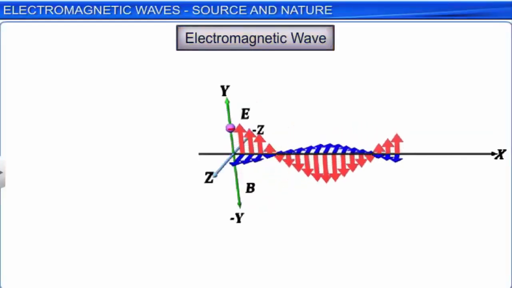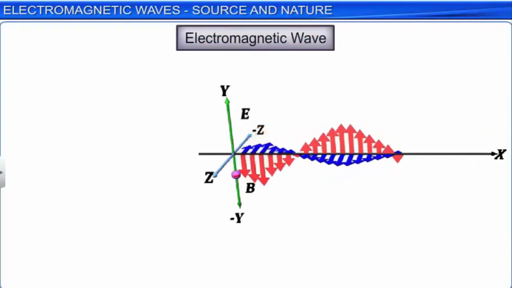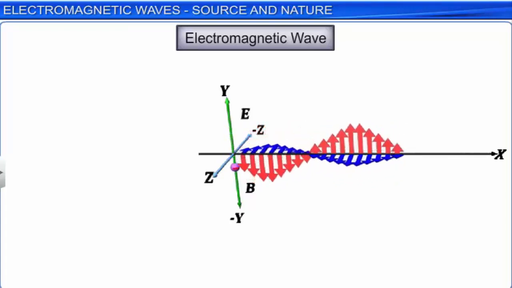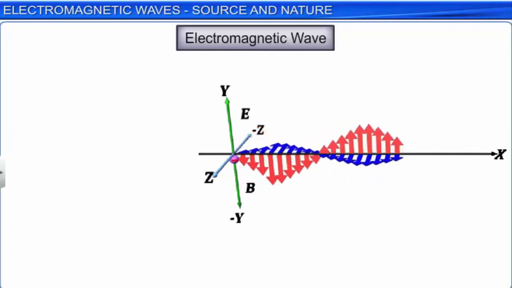Now, the oscillating magnetic field produces an electric field which is oscillating perpendicular to the direction of the oscillations of the magnetic field and propagates along the x-axis.